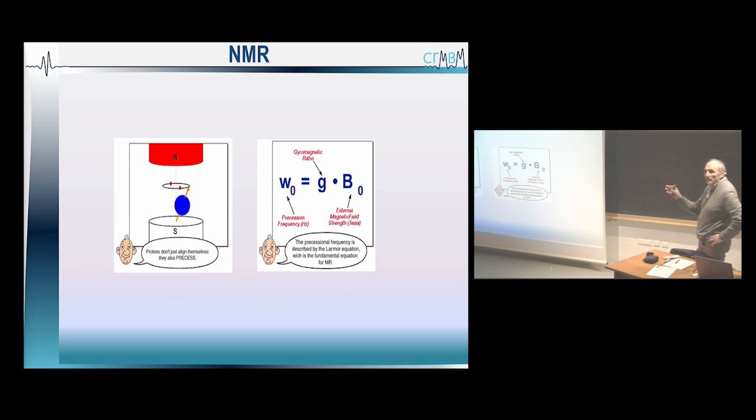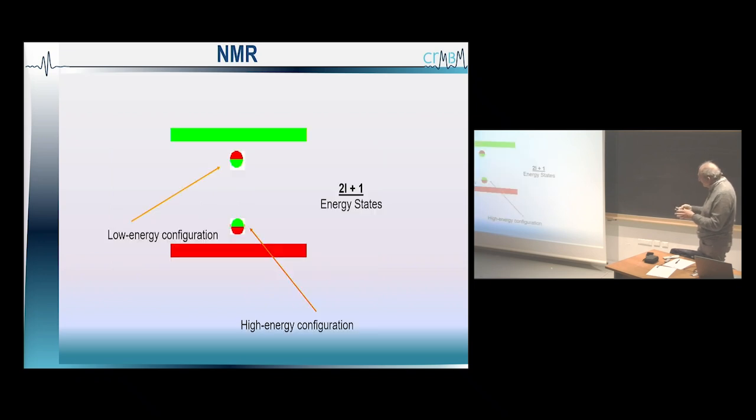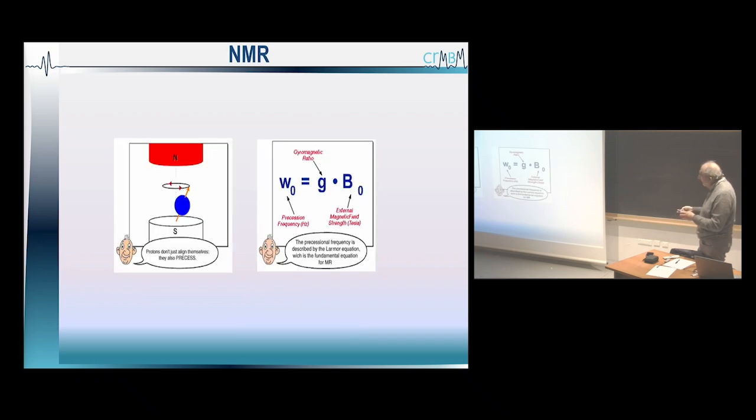So proton will have a given ratio, phosphorus will have another one, carbon will have another one, okay? So if you are a proton inside a molecule, the frequency can be calculated with this. And if you change B0, the precession frequency is going to change, of course.